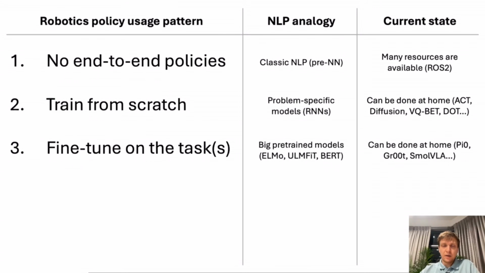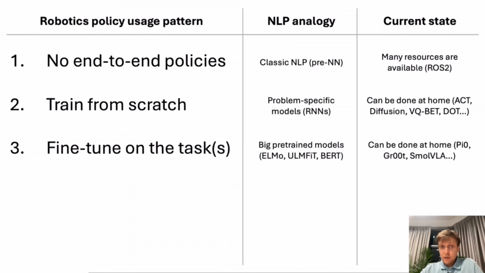Then when you need to solve a particular problem, you just fine-tune, or in other words, train a little bit more your pre-trained model on this particular data set. In the case of robotics, you take the same data set that you used in step 2, but instead of training the policy from scratch, you train a policy initialized by some pre-training. The idea is that it is supposed to generalize much more and train much faster using this approach.